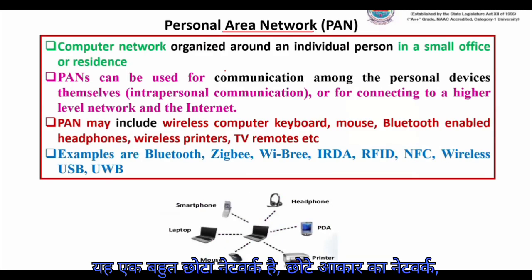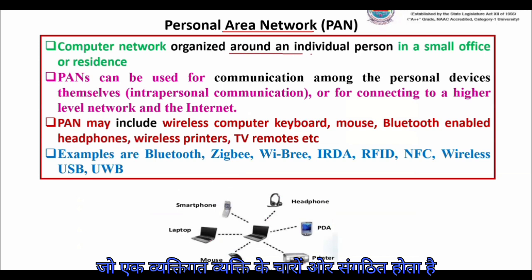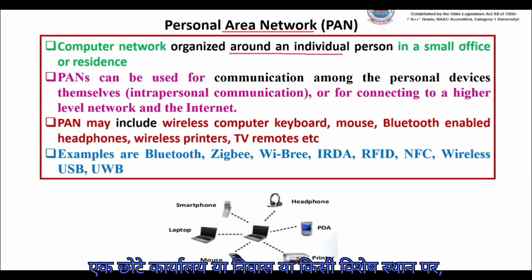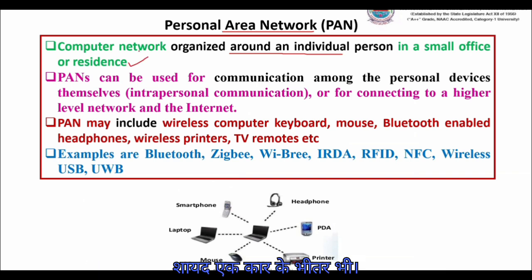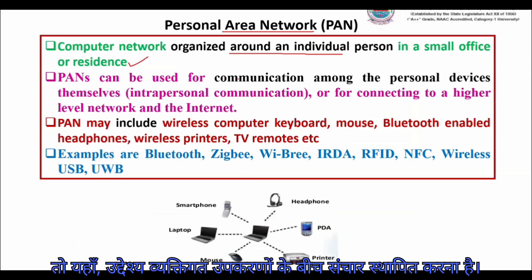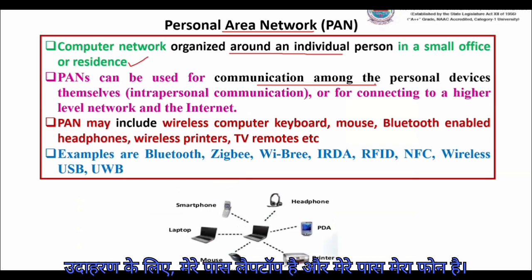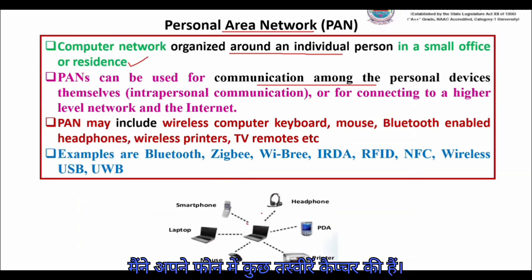This is a very small sized network, which is organized around an individual person in a small office or residence or any particular location, maybe within a car also. Okay. So here the objective is to establish communication among personal devices.